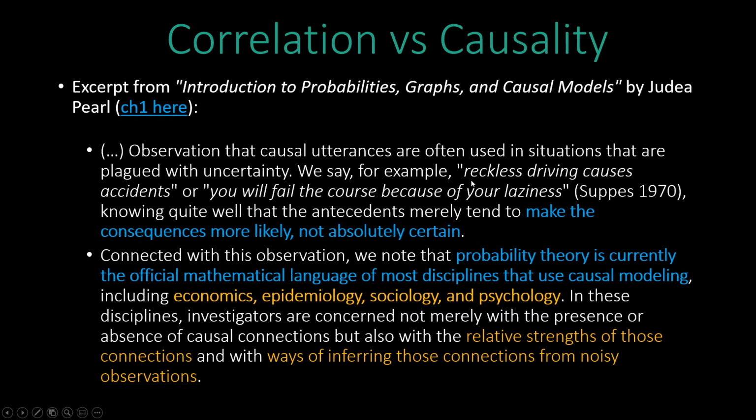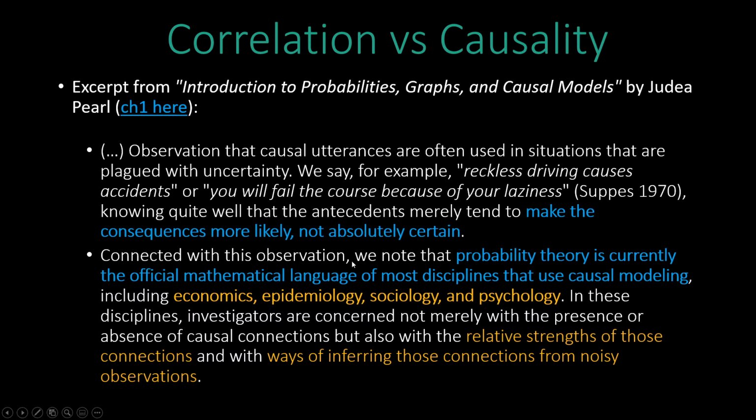We say, for example, reckless driving causes accidents, or you will fail the course because of your laziness. And I find it funny that this is a sentence that they are quoting from a research study somewhere. Well, knowing quite well that the antecedents merely tend to make the consequences more likely, not absolutely certain. So there is correlation, but not causality.